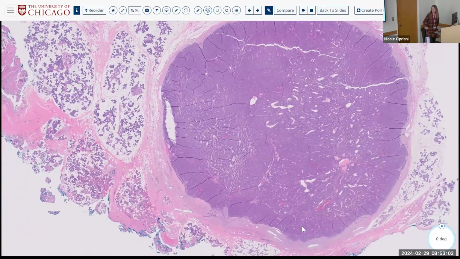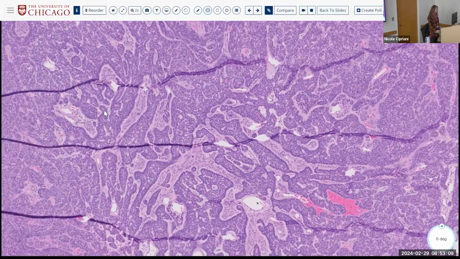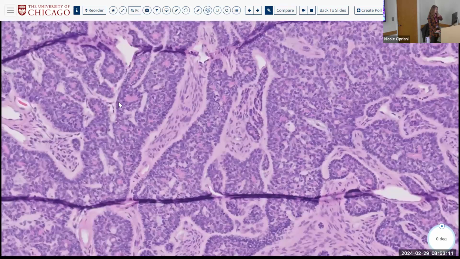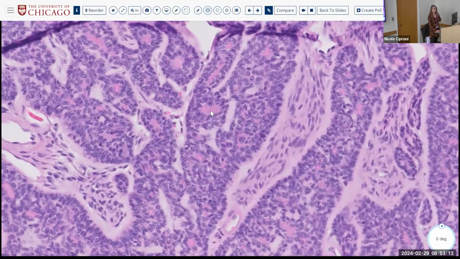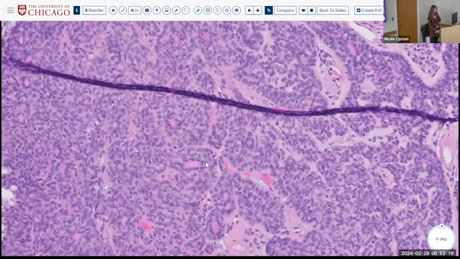So the thing with basal cell adenoma: it's circumscribed, and it recapitulates that morphology that we saw on the biopsy, with really nice, pink eosinophilic basement membrane globules. Those are the globules we were seeing on the core biopsy that show up even brighter.